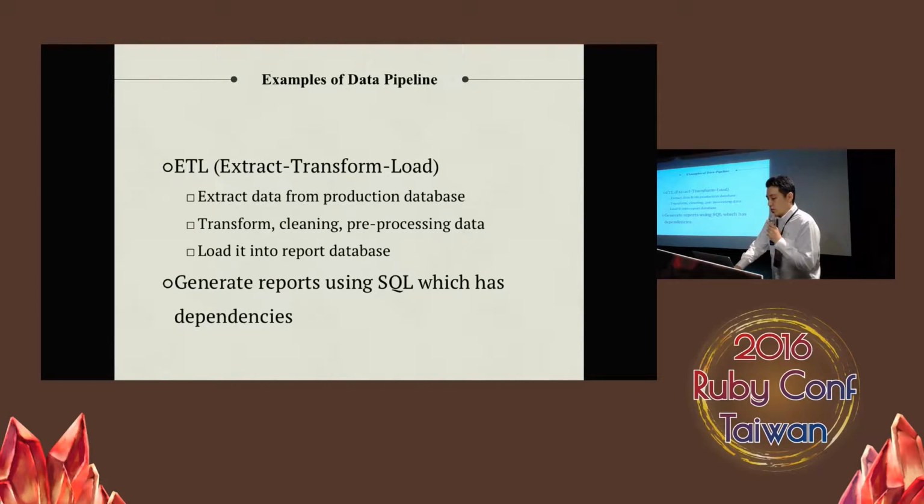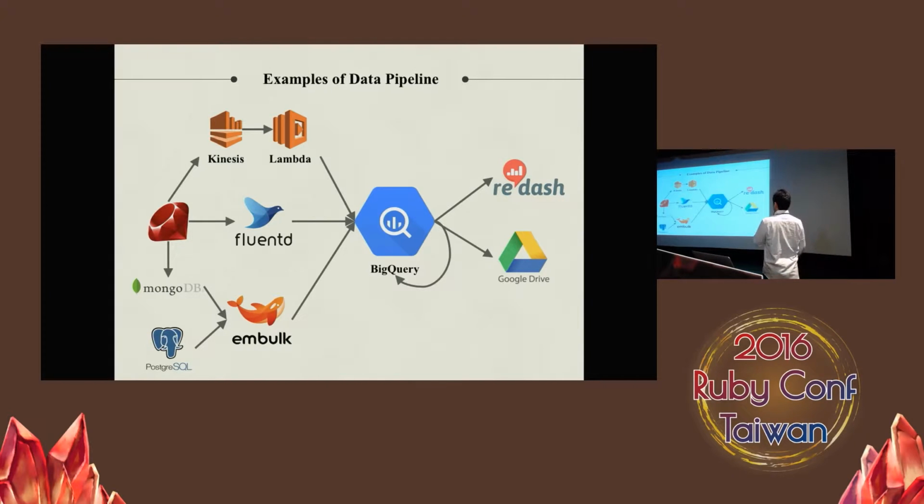In our situation, we are collecting all our data into Google BigQuery. Our Ruby application generates event data, access logs, or master data in our production database. And we are using BigQuery as our analytics platform.